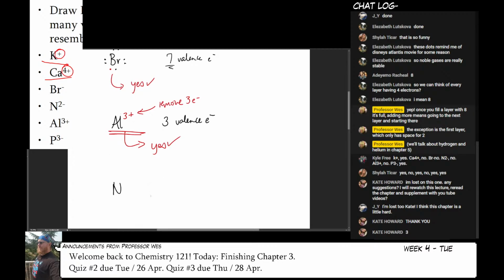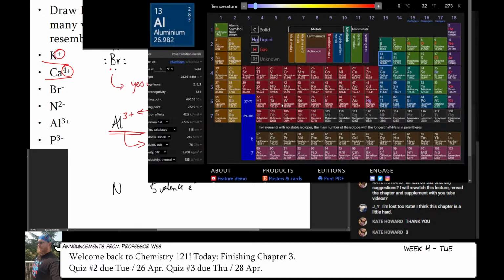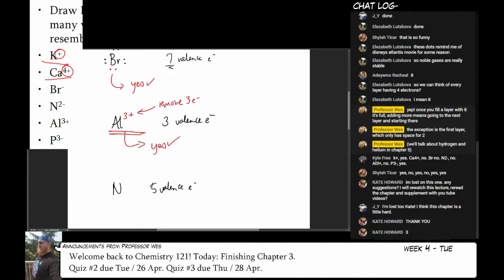So nitrogen has 5 valence electrons. I think I fixed my pen issues, thankfully. So there's nitrogen, Group 15, 5 valence electrons. So let's draw them. 1, 2, 3, 4, 5.